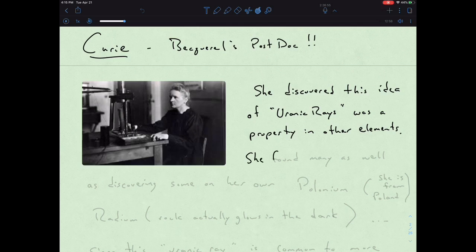And she basically found many, as well as discovering some on her own. For instance, two of note would be polonium.